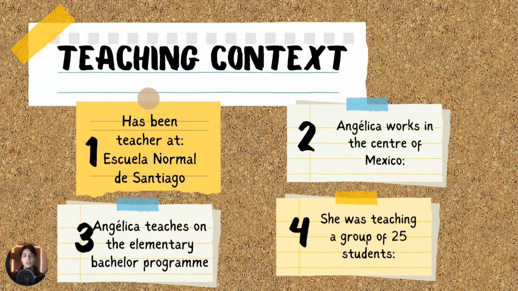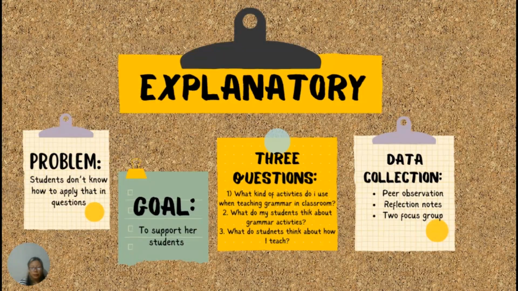going to continue. In the explanatory part, we have the problem that most students are able to use grammar but they don't know how to apply that in questions, in formal or phrasing questions. So the teacher thought she was the problem and she wanted to know if the way she taught her students wasn't adequate.